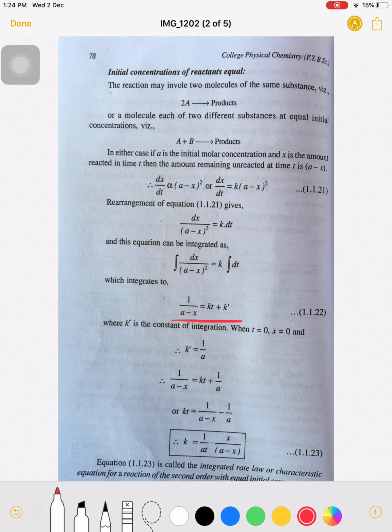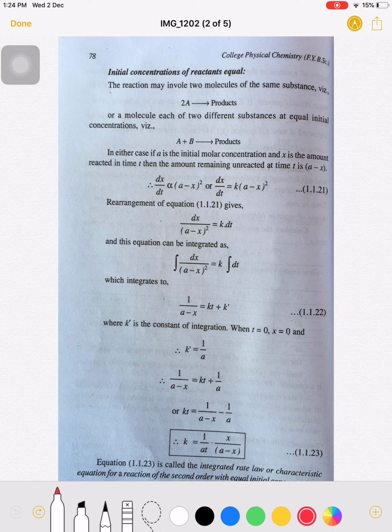This k dash is the constant of integration. We calculate k dash by putting the values t equal to 0 and x equal to 0 in the above equation, then we will get the value of k dash.